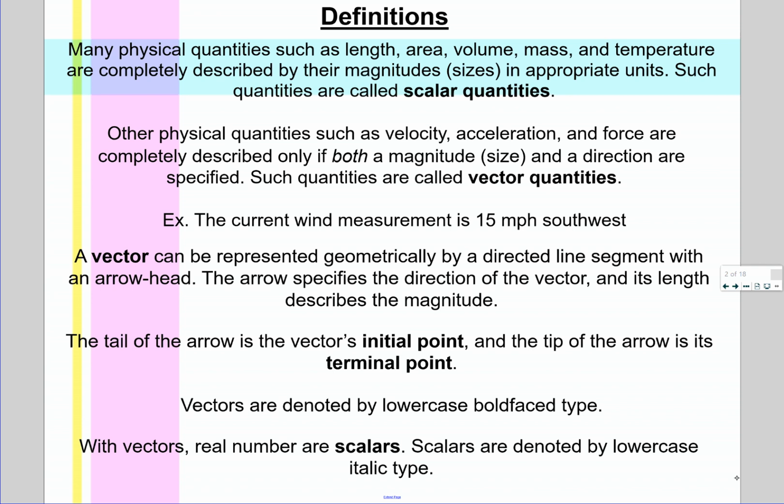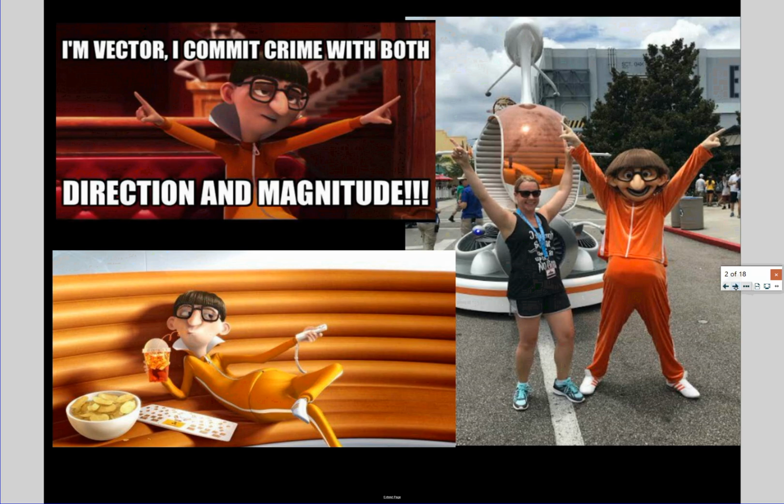Okay? All right. So, yes, I met Vector. There's me and Vector at Universal Studios like 5 years ago. He didn't understand. I'm going there again this summer, so I'm kind of hoping I'm going to see him. He's my favorite. I need a Vector shirt, I feel like, to go that day. So Vector is going to be the villain in our escape room next Thursday.